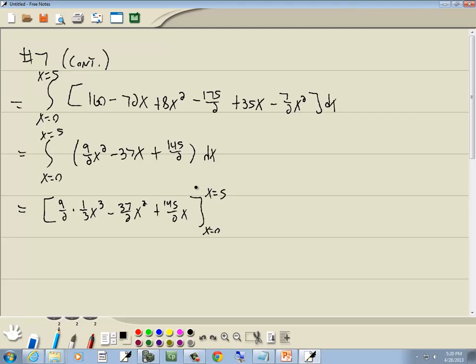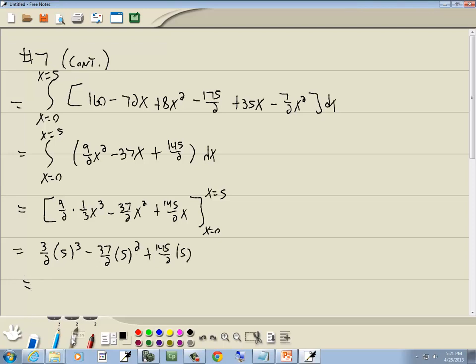Now again, it doesn't do us any good to plug 0 in for x because all of those would drop away. And I'll do a little bit of simplifying as I'm plugging a number in. 9 divided by 3 is 3, so that gives us 3 halves times 5 to the third minus 37 over 2 times 5 squared plus 145 over 2 times 5.